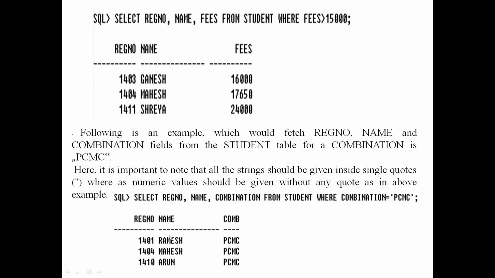If you observe here, the next example, that is SQL prompt is there. Then select register number, name, combination from student where combination equal to PCMC, physics, chemistry, maths, computer science.